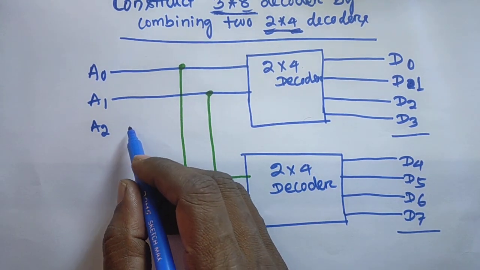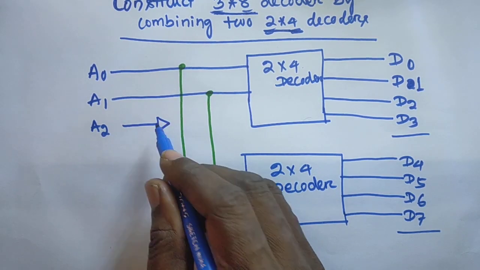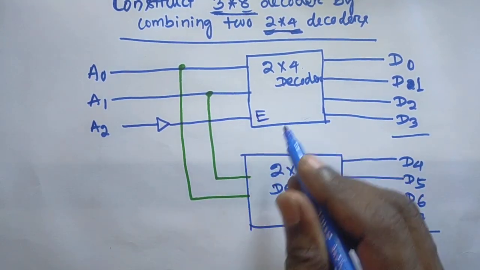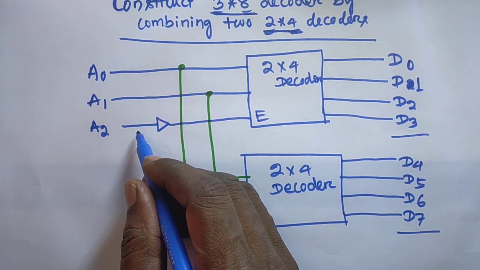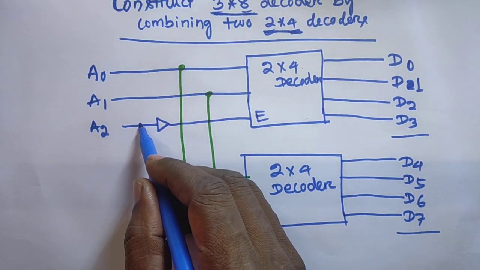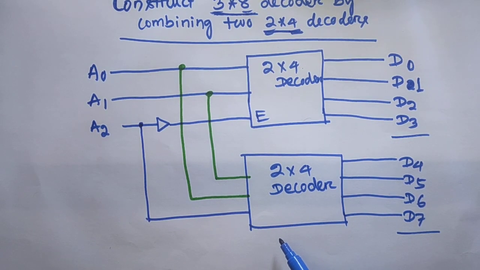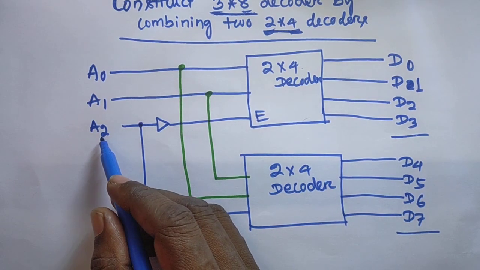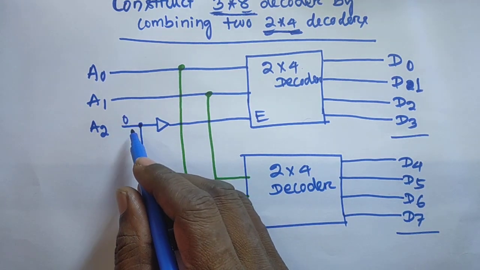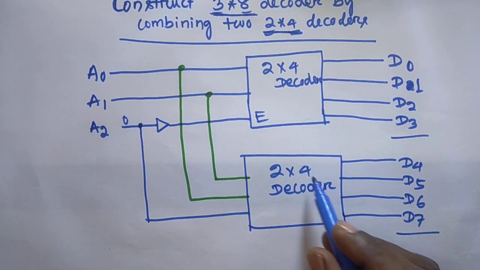In a very simple way, now you see here, for the third input, we just create one inverter. That inverter is considered as the enable, and previously we created this one, the third input going to another decoder in this manner. Suppose A2 is 0, then if it is 0, this 0 passes to the second decoder, so it will be inactive.